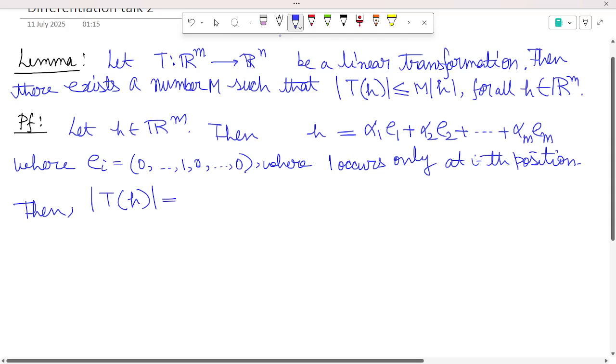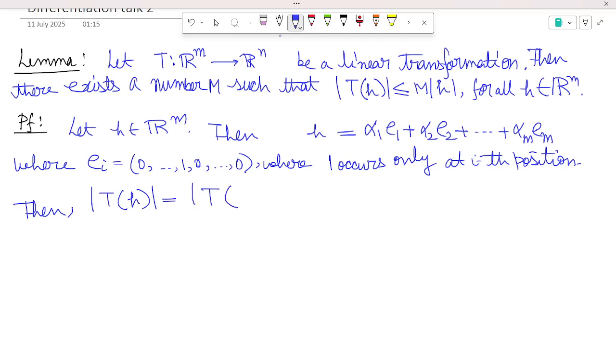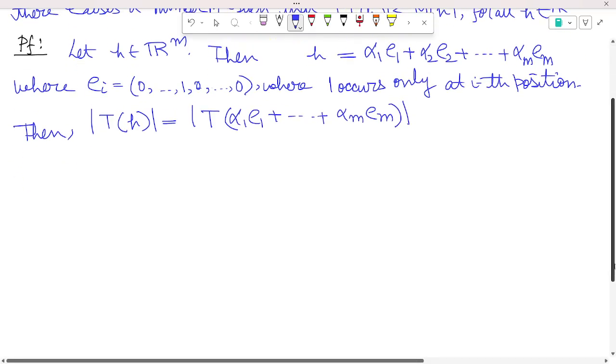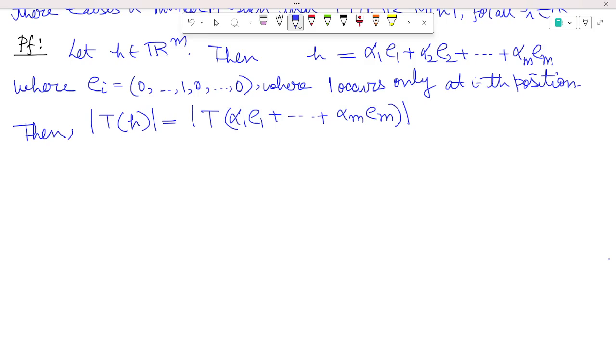Then T of h is nothing but T of this sum. But T is a linear transformation, so this is exactly equal to this, and the scalars come out: alpha 1 T(e1) plus dot dot dot plus alpha n T(en).